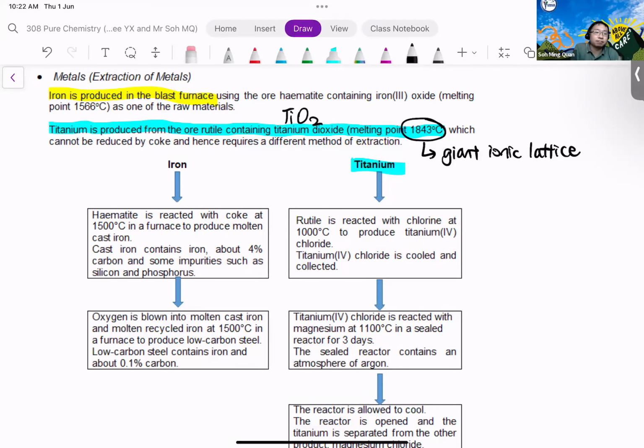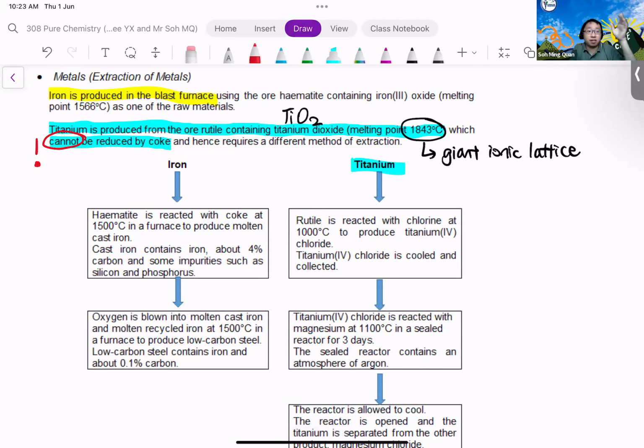Okay? Now, so that's the first information. The second information, TiO2 cannot be reduced by coke. This is an important information. You know this because you know that coke is carbon. Coke is used to reduce a lot of things, including hematite, right?